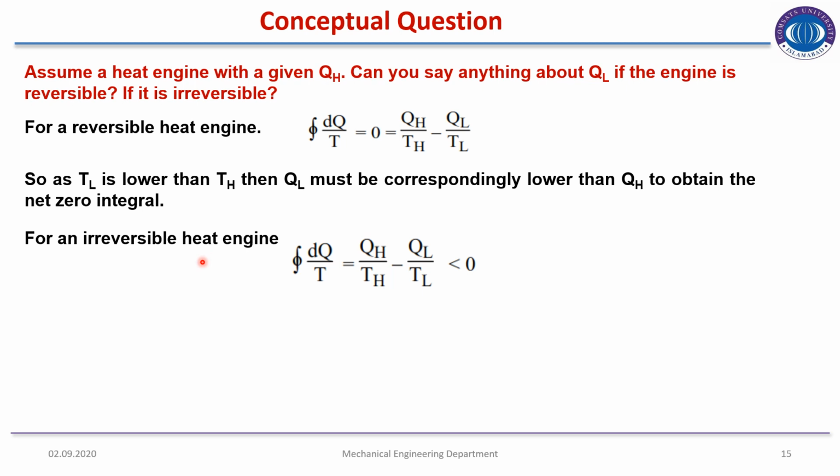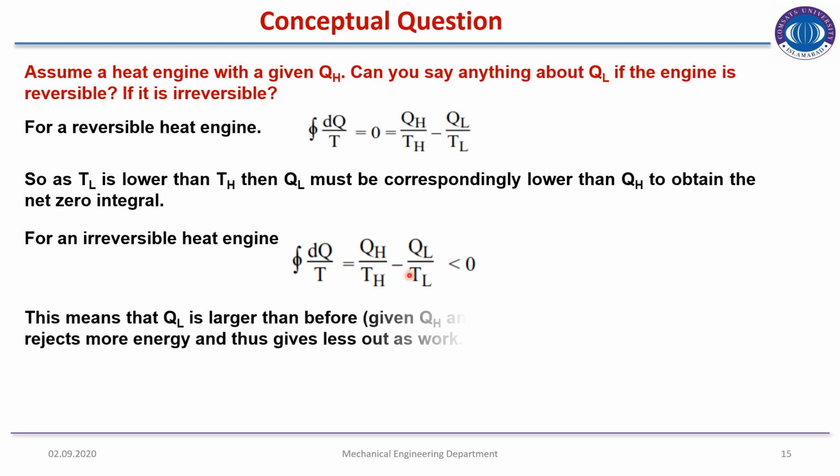So for an irreversible process, there must be an entropy generation term, and the cyclic integral of dQ by T must be less than 0. Therefore, QH over TH minus QL over TL is less than 0.